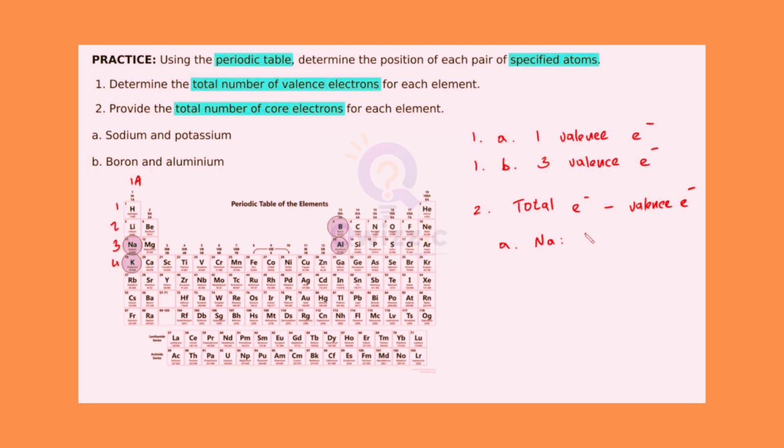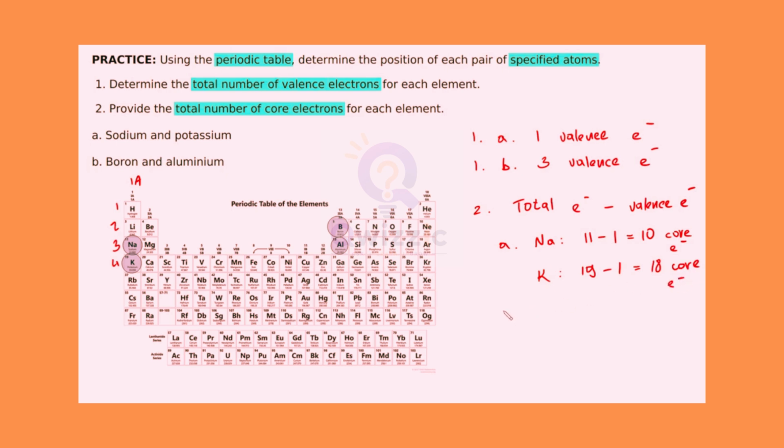So we're going to say 11 minus 1 valence electron because it's in group 1A. That gives us 10 core electrons.